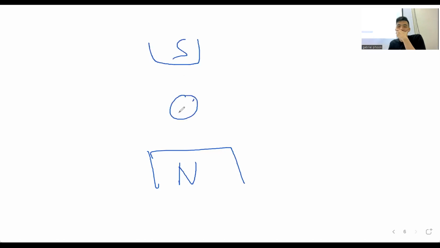Everyone, tell me where the force will be in this scenario. Which direction is the force? Everyone, look at this diagram and tell me. Left, right, up, or down.